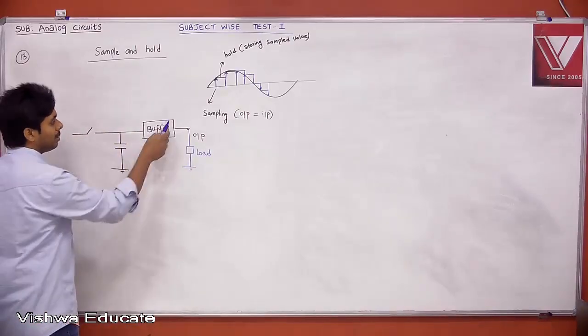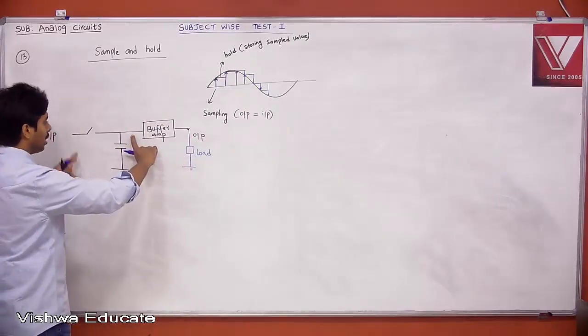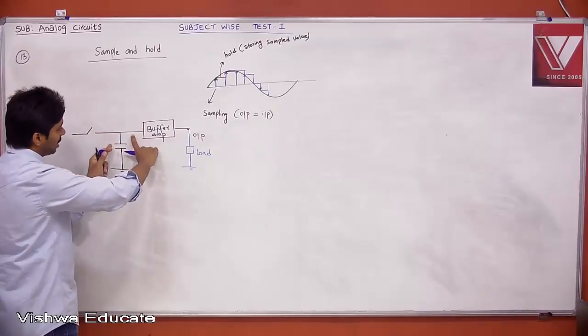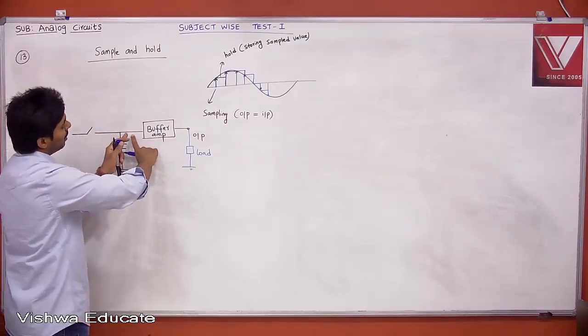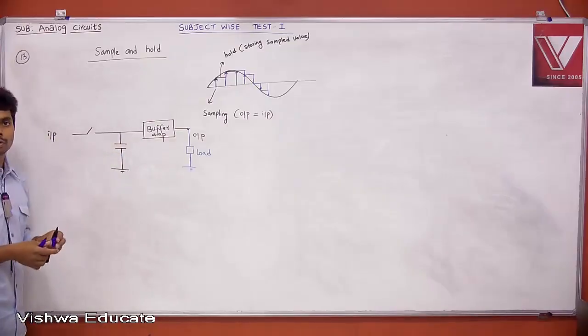When you close the switch, instead of simply charging your capacitor, the input has to do something for the load also. Indirectly, loading is affecting your action, which we don't want.